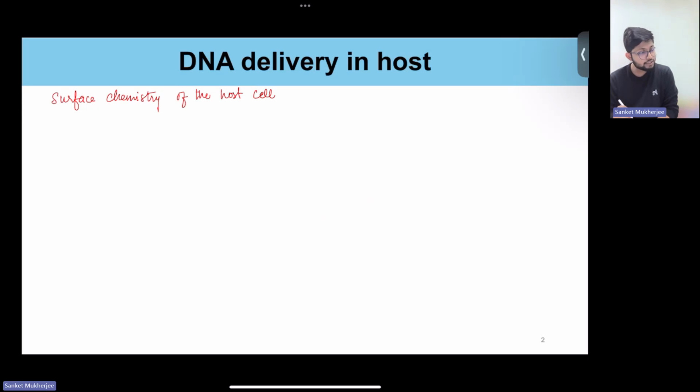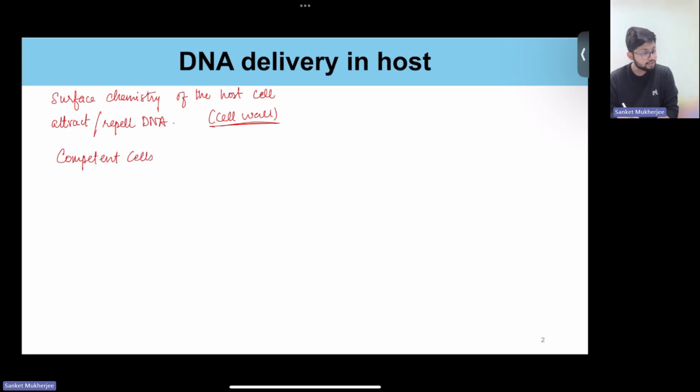Essentially, they can either attract or repel DNA. Both can happen. Now, there is a cell wall and the membrane which becomes a barrier for DNA to enter the cell. So we need to prepare cells which are called competent cells.